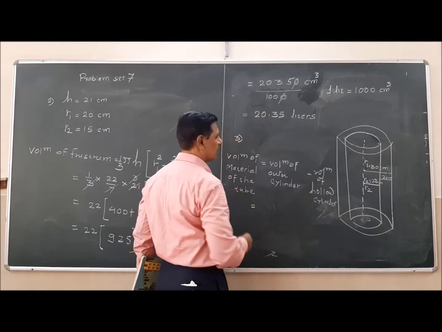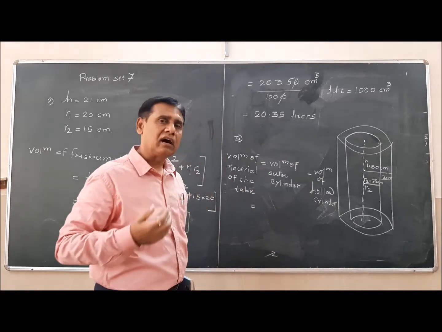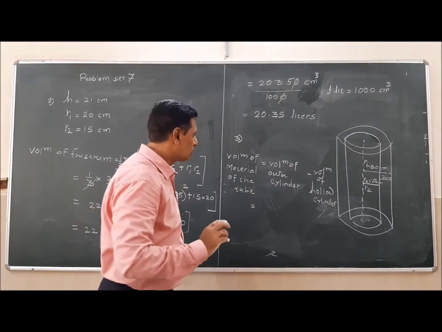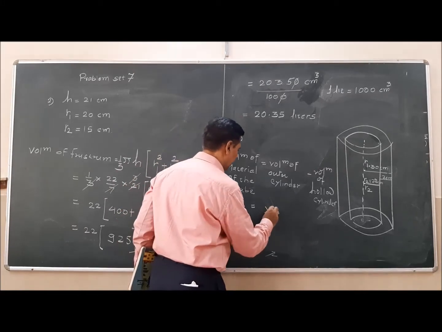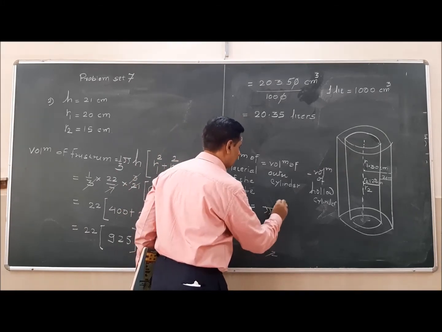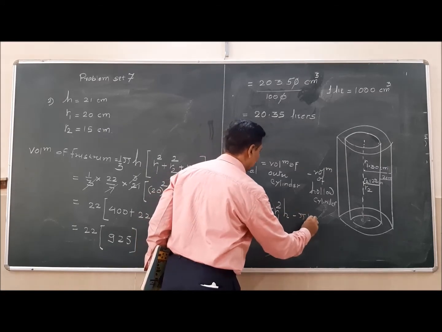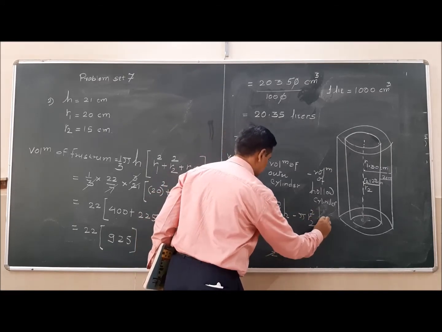Now in this case their radii are different, their radius are not the same at all. So I write it as pi r square h minus pi r square h.